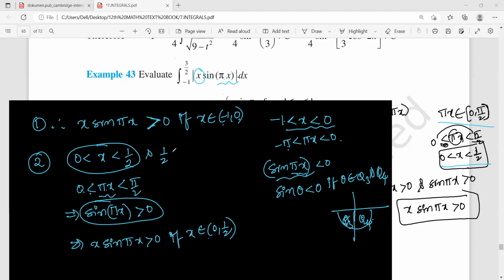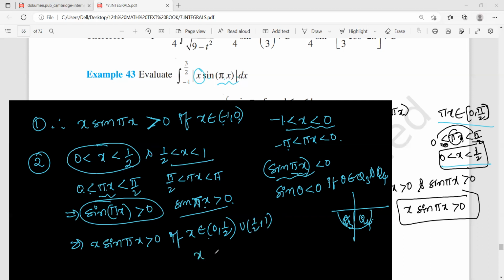But here 1 by 2 less than x less than 1. Then pi x is from pi by 2 to pi. Second quadrant is also positive, sine pi x is positive. Yes or no? Theta is pi by 2 to pi, then also it's positive. X is positive, sine pi x is positive. Therefore, 1 by 2 to 1 also you can write.